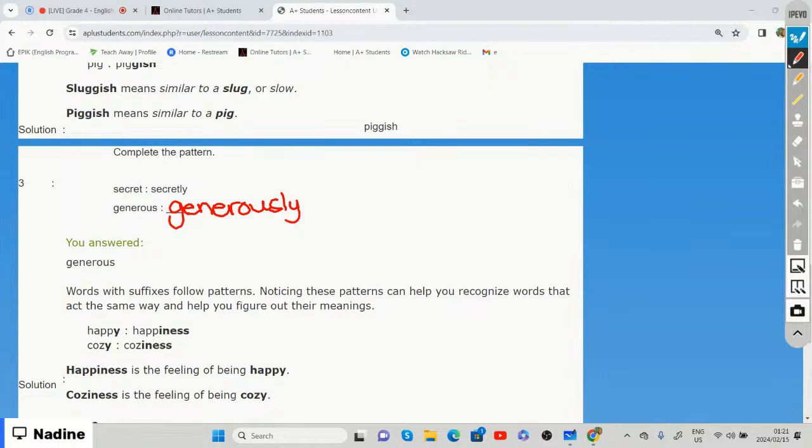We are doing word patterns. Word patterns are words with suffixes and they follow patterns. A suffix is a word part that you add at the end of a base or root word.